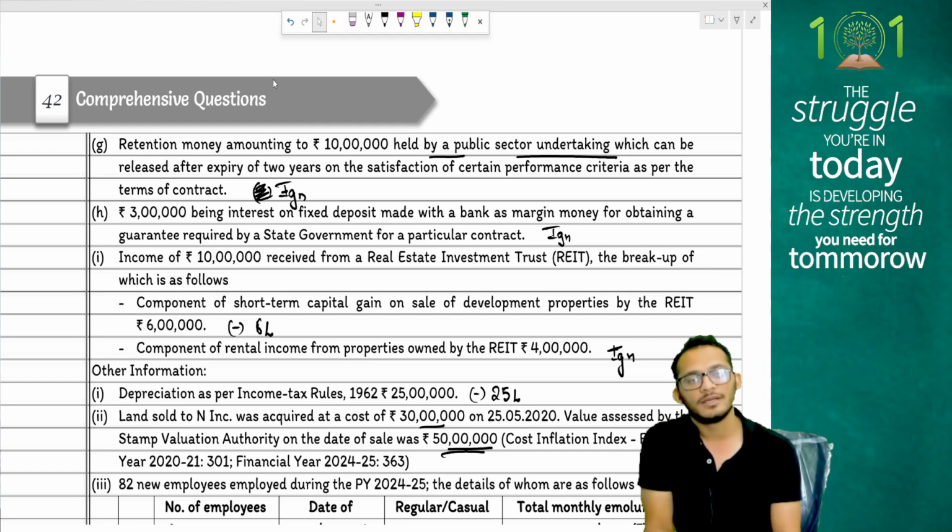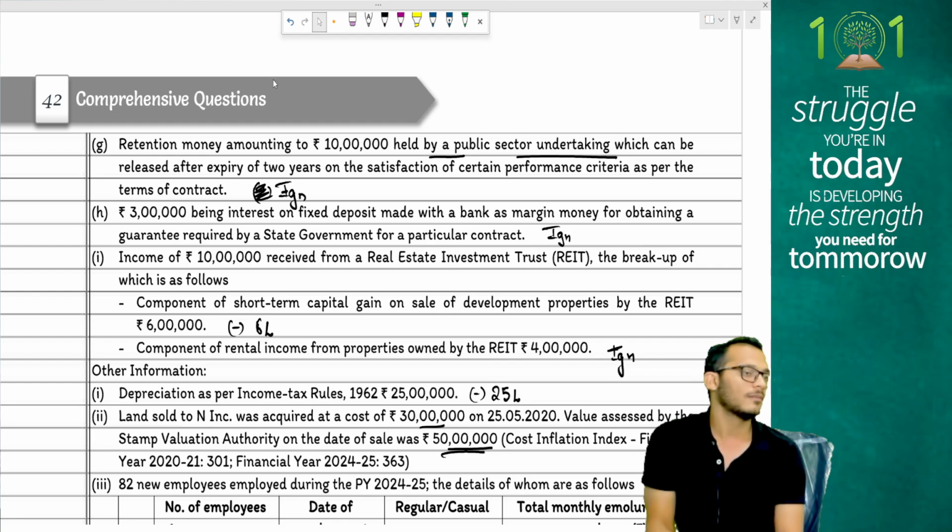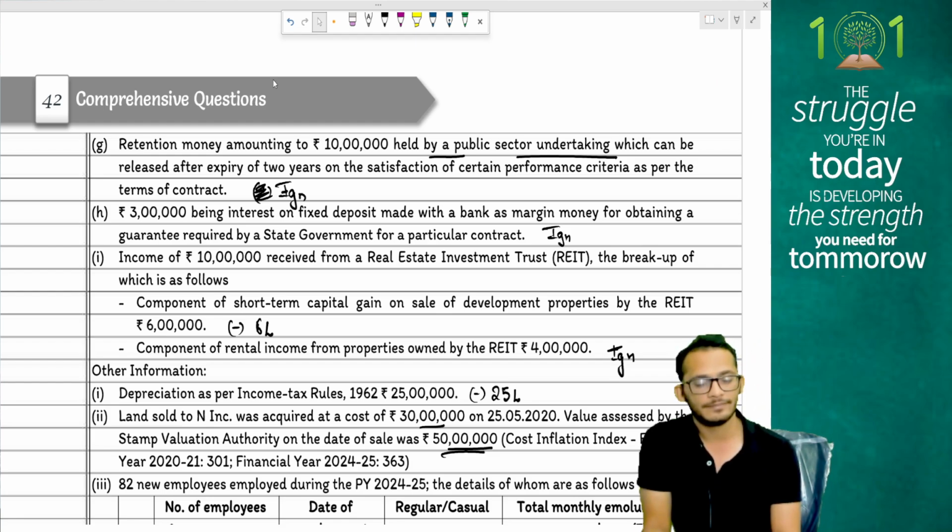An investor of REIT shall only be taxable for rental income from properties owned by REIT, interest income from SPV, and specified dividends.